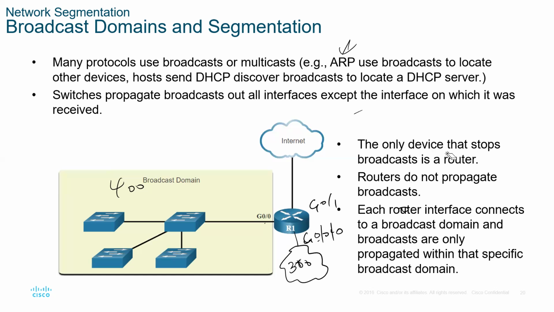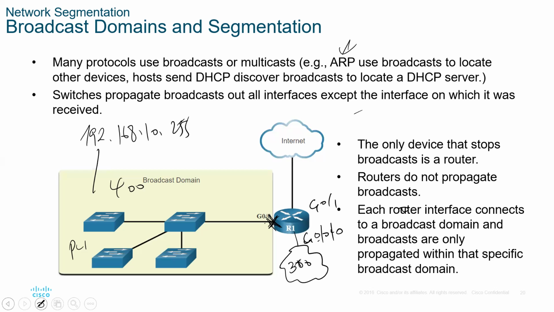The only device that stops a broadcast is a router. If a broadcast is sent by PC1 in this broadcast domain, it will not get past this point. Why? Because once it gets past this point, it gets to another network, and a broadcast belongs to only one network. Let's say our broadcast here is 192.168.10.255. We've dealt with this one.